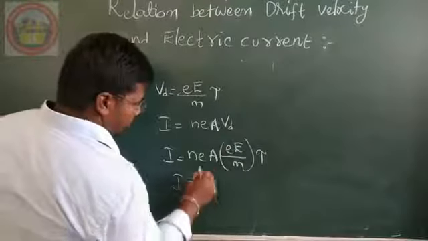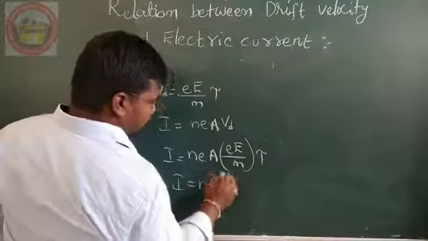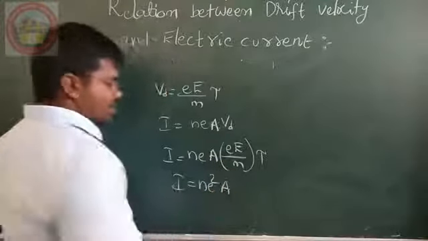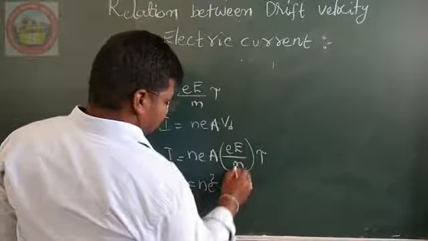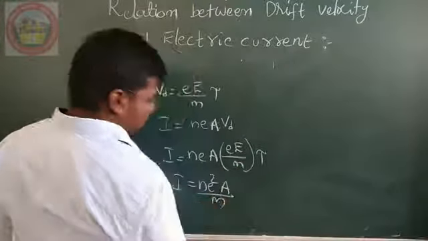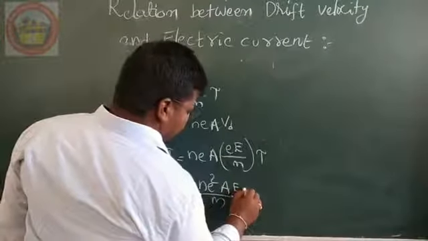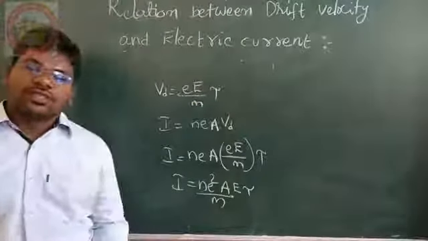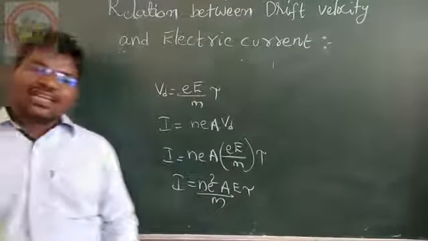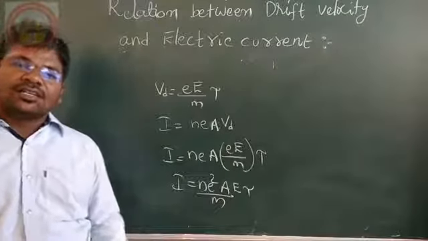I is equal to n e into e square A E tau divided by m. I is equal to n e square A E tau divided by m.